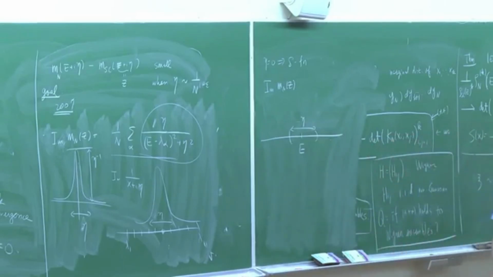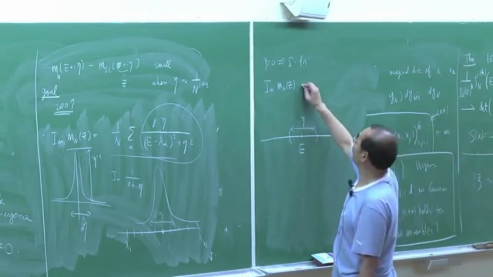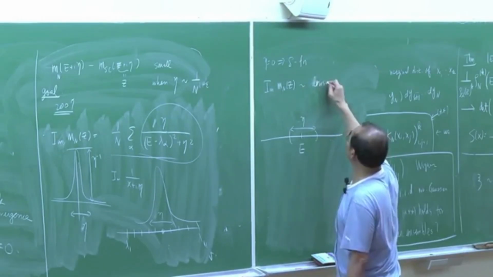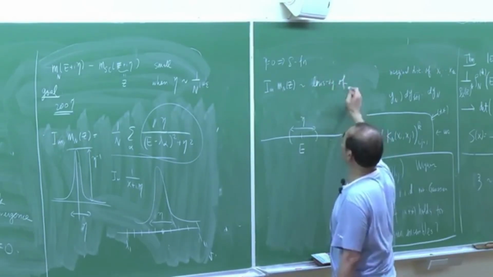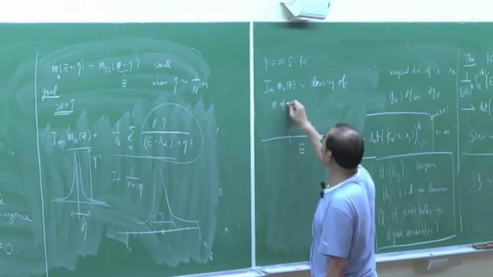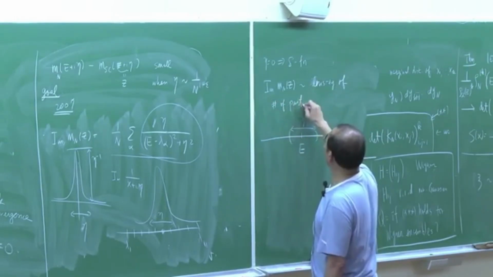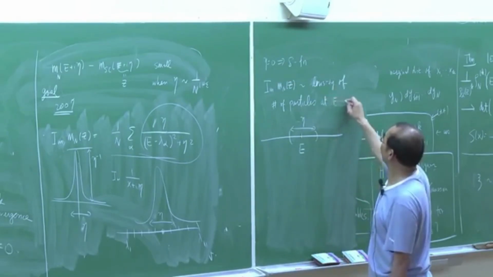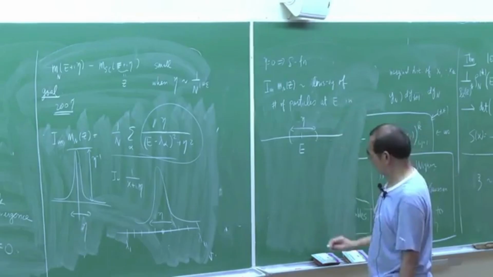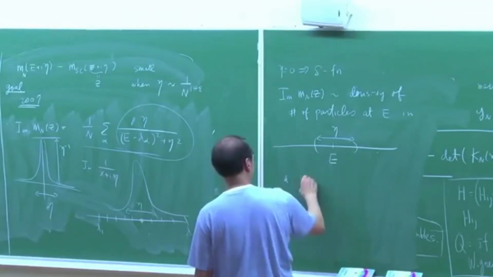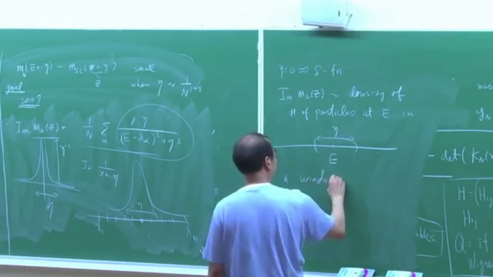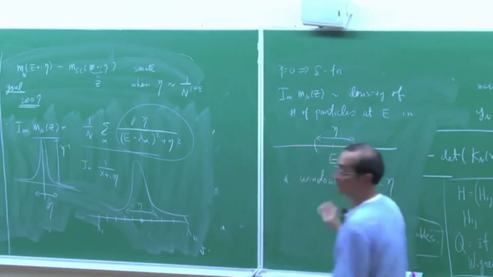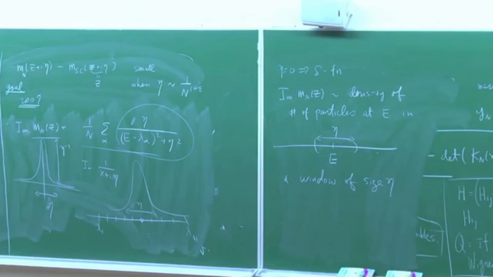Then this quantity roughly says the density of the number of particles, I call eigenvalues particles, at E in the window. Okay, you agree?